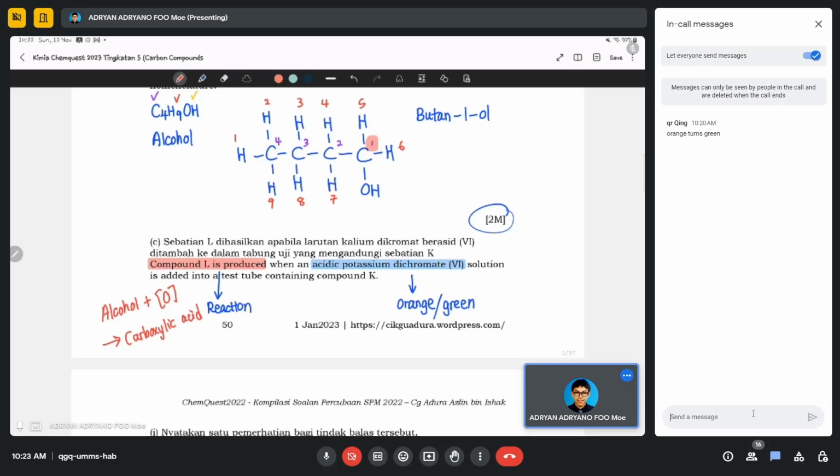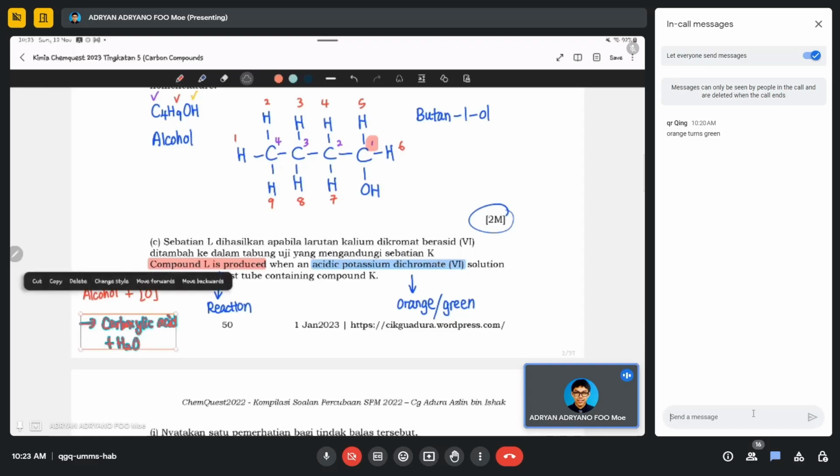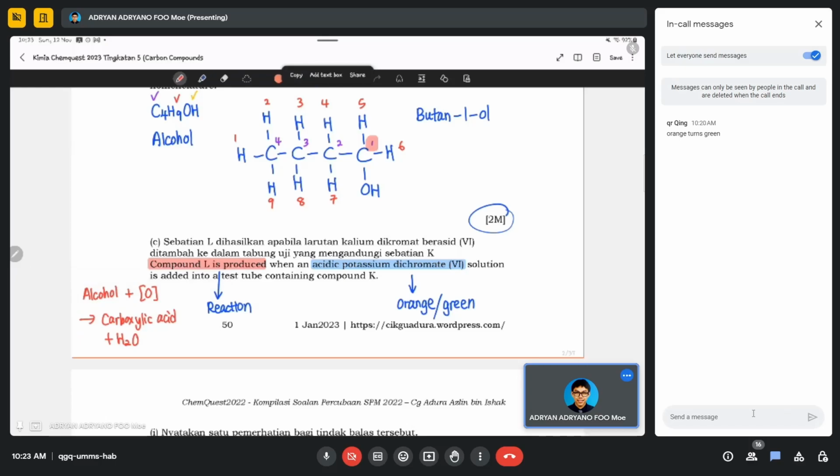When alcohol reacts with the oxidizing agent, we will get carboxylic acid and water. 这个是你要懂的。This is the general equation. 很多人他背那个 product，不要背 product，我们背那个 general chemical equation. So we know that when alcohol reacts with the oxidizing agent, 我们的 product 会是 carboxylic acid and water.